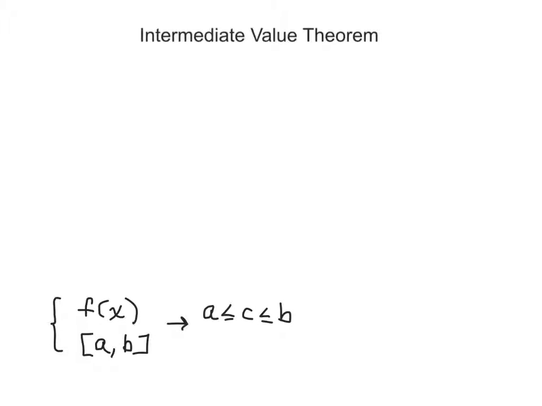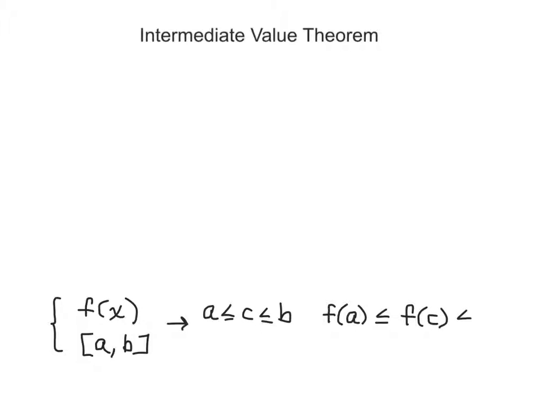So the intermediate value theorem says that if we have a function f of x, and the f of x is smooth and continuous on an interval from a to b, then, if this is true, then there exists a value c that is between a and b, and it could be on an endpoint as well, such that f of c is between f of a and f of b.